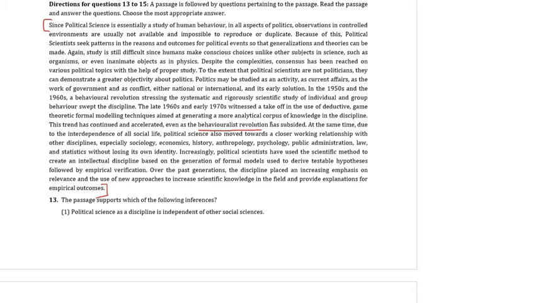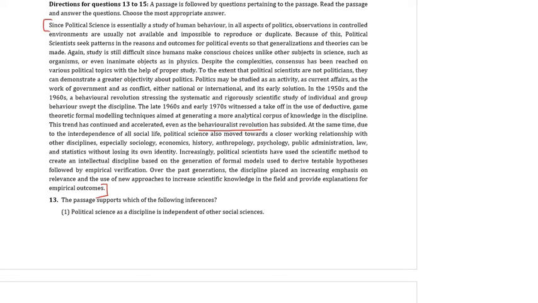Now, this does not give me too much data, so I need to go backwards and read the whole thing again. When I read the line just below that, the late 1960s and early 1970s witnessed a takeoff in the use of deductive game theoretical format of formal modeling techniques aimed at generating a more analytical corpus of knowledge in the discipline.